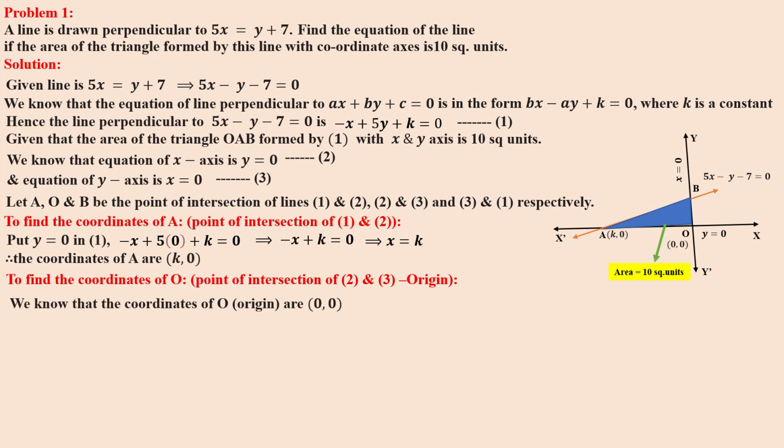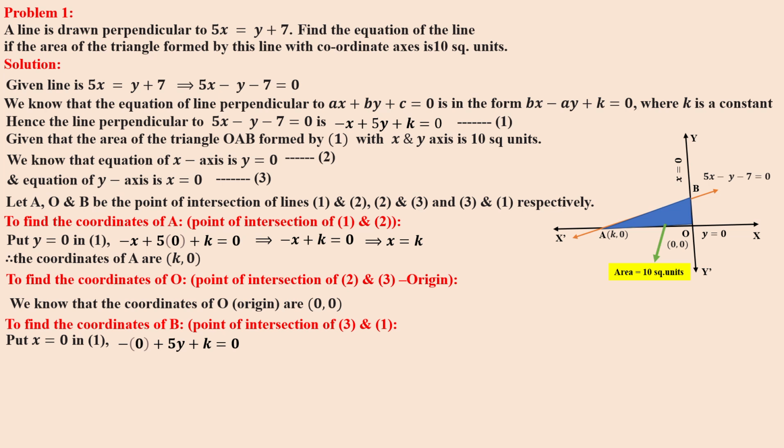Next we find the coordinates of B, the point of intersection of 3 and 1. Put x = 0 in 1: 0 - 0 + 5y + k = 0. Therefore y = -k/5. So the coordinates of B are (0, -k/5).